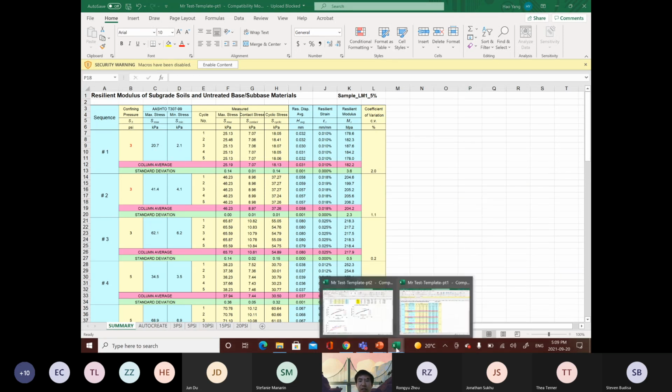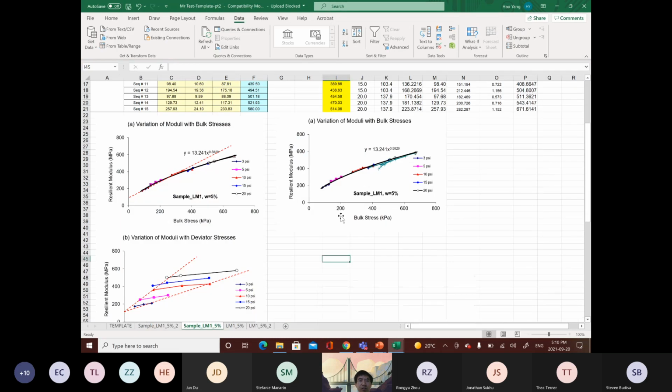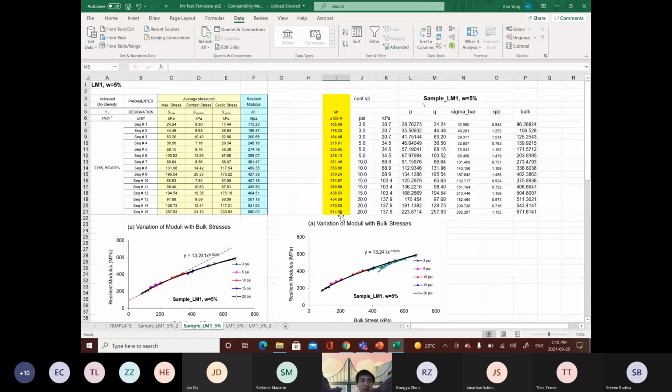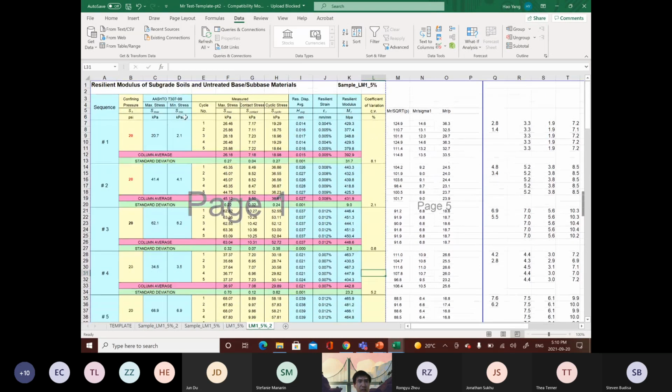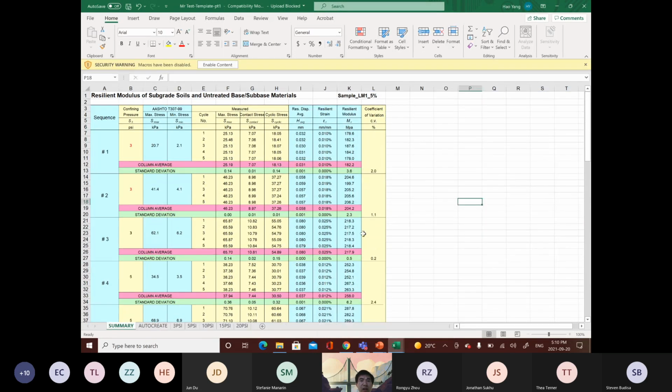You will then need another Excel sheet, which will be template 2, and template 2 will collect all the information from the summary sheet in template 1.